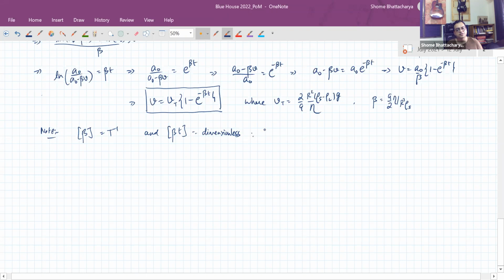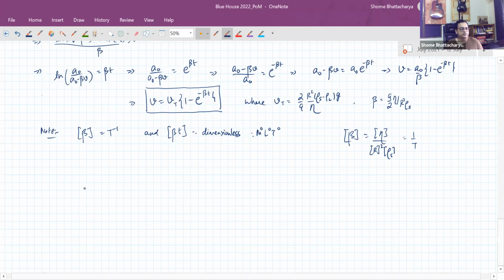In the language of dimensions, you say it has dimensions of m to the power 0, l to the power 0, t to the power 0. You can check that also, because beta's value is this. I'm not doing this, but you can verify it yourself later that this will come out to be 1 upon time.